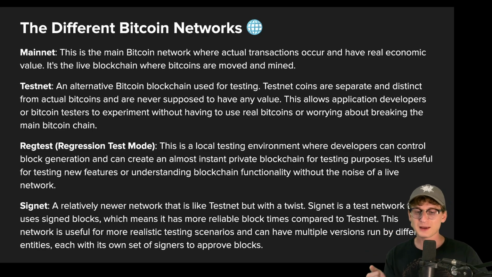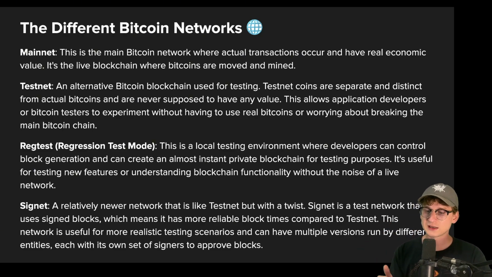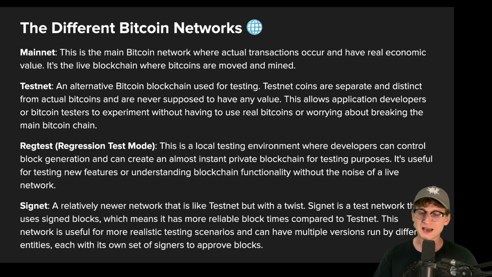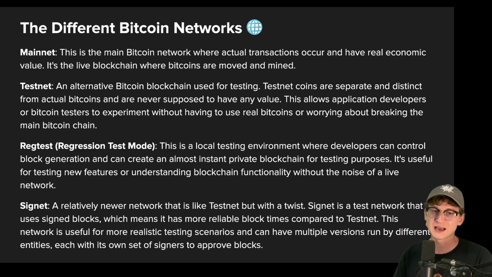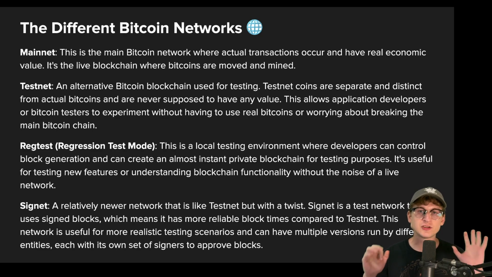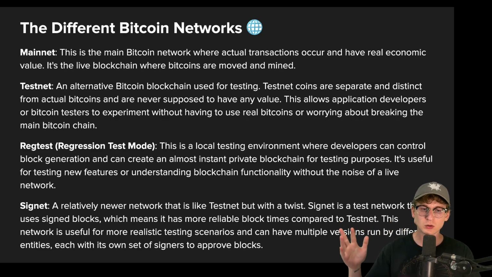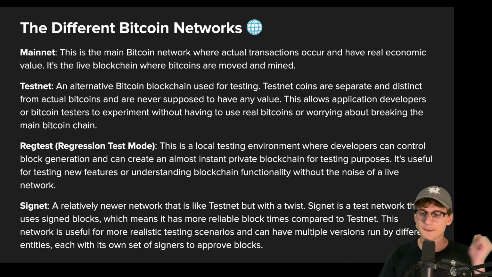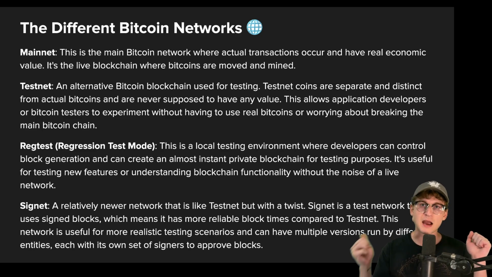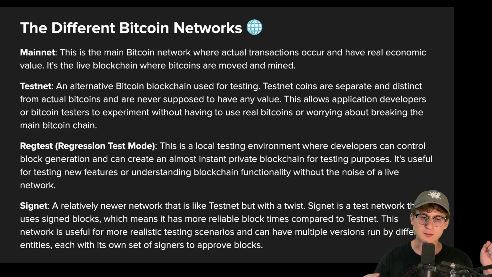And then finally, we have Signet, a relatively newer network that is like testnet, but with a twist. Signet is a test network that uses signed blocks, which means it has more reliable block times compared to testnet. So Signet is just like testnet. It's global, it's fake, but it doesn't mimic mining. It doesn't have real proof of work mining.